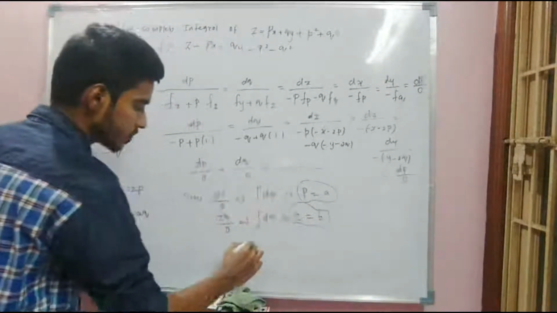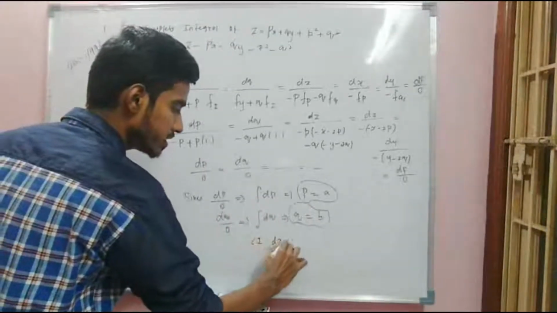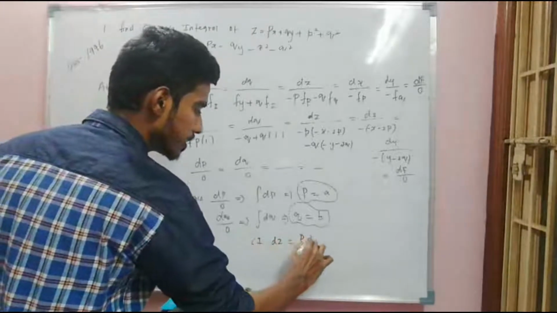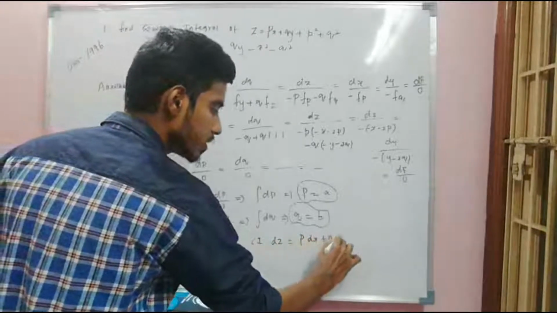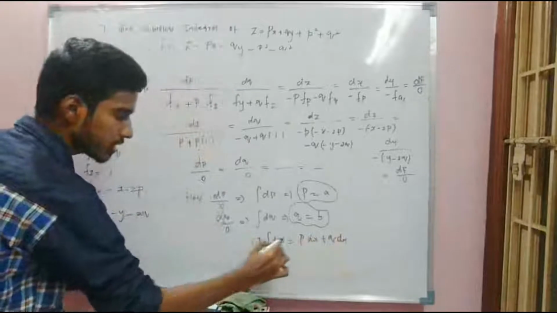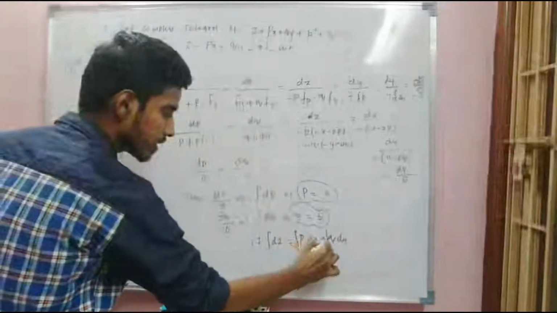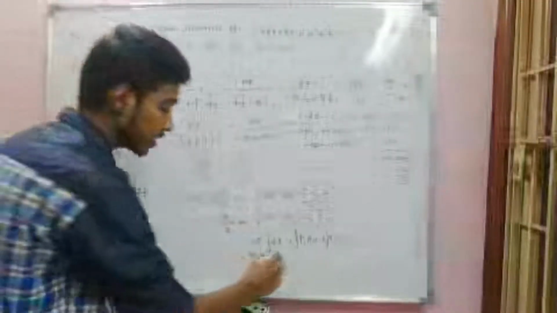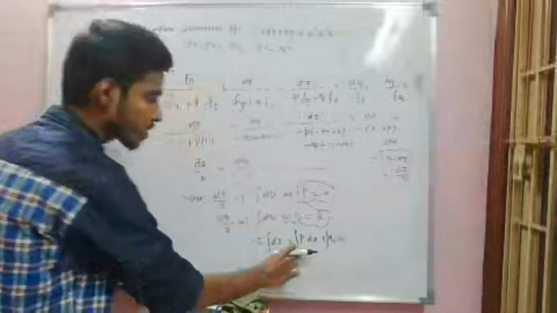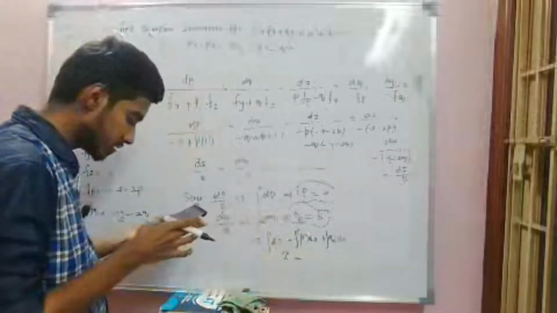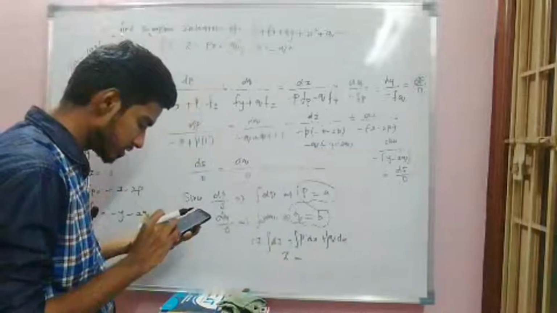Complete integral is dz is equal to p dx plus q dy. We have to integrate this, right? Integration of the complete integral. So z is equal to p. What is our p? P is a, right? P is a.